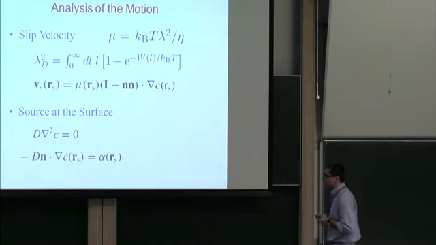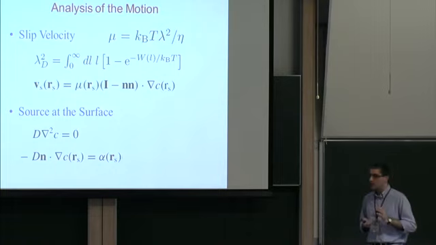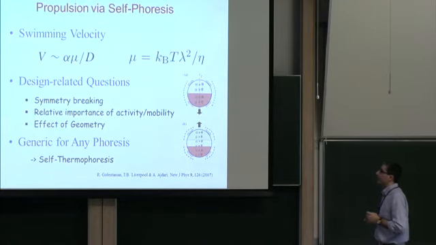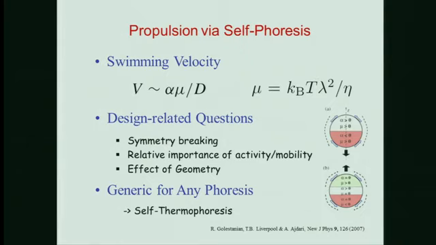So alpha is basically what's driving the system away from equilibrium and could also be both positive and negative. If you do the maths, swimming velocity turns out to be proportional to alpha times mu divided by the diffusion coefficient of the solute molecule, the characteristic one that I'm using here. So essentially, I have this activity parameter times the off-diagonal Onsager coefficient divided by the corresponding diagonal Onsager coefficient, which is always positive. This can work for any phoretic mechanism.